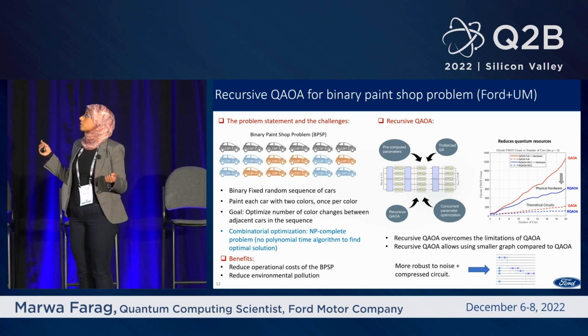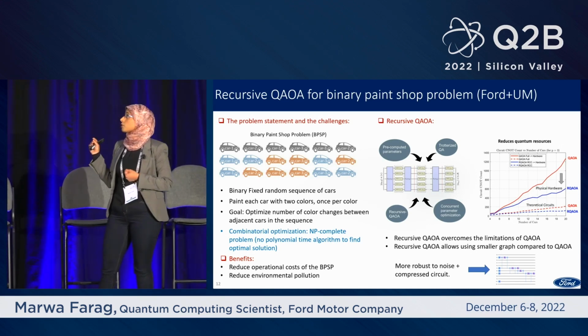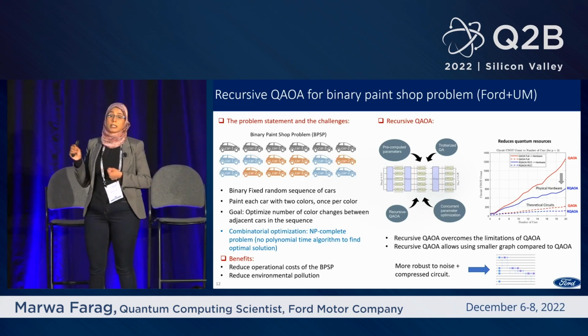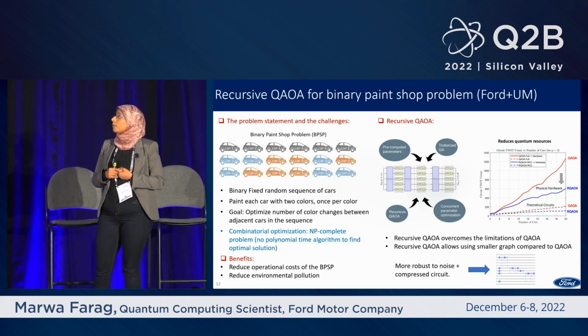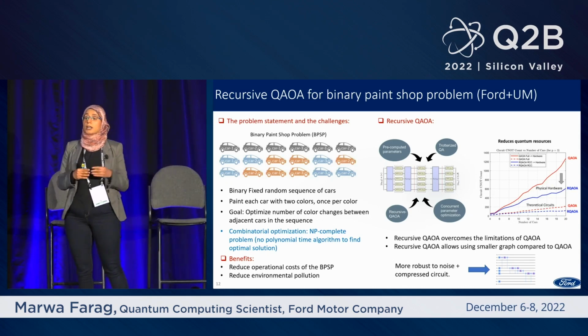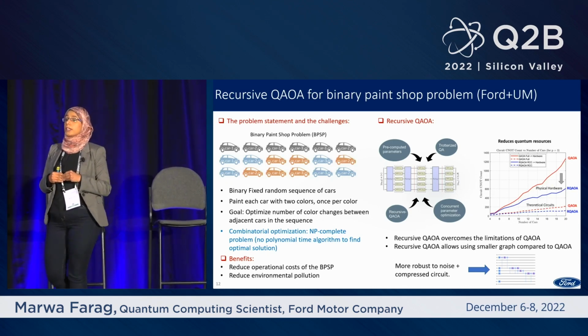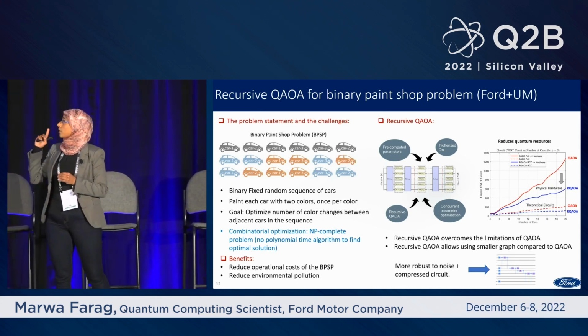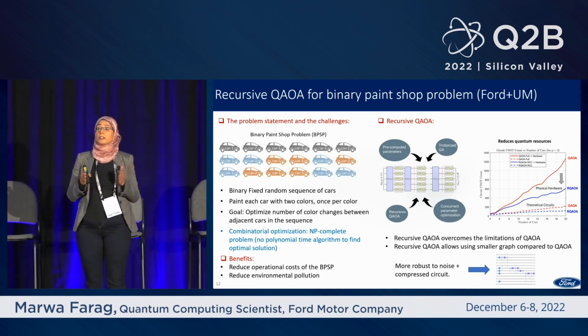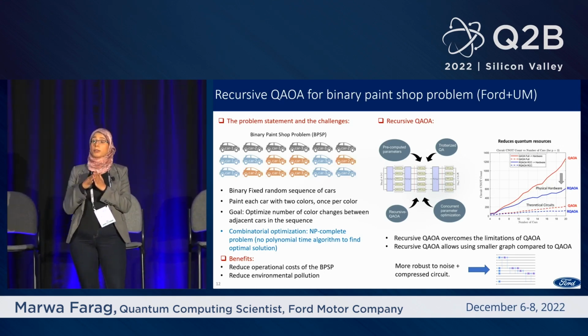We also found that recursive QAOA gives better solutions than QAOA. Comparing with the classical tools such as the greedy algorithm and recursive greedy, we find that recursive QAOA does better when we have larger numbers of cars.